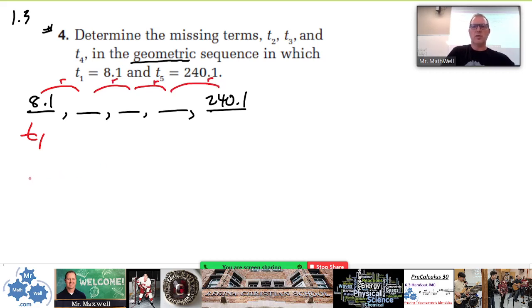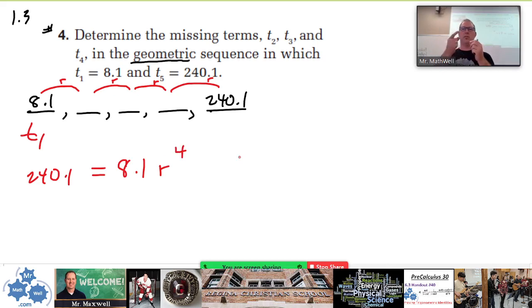So 240.1 should be equal to starting with 8.1 and multiplying by some common ratio. How many times? 1, 2, 3, 4 times. So R to the power of 4. So R times R times R times R, that's the same as R to the 4th. Okay, does that sound okay so far? Yeah. All right.